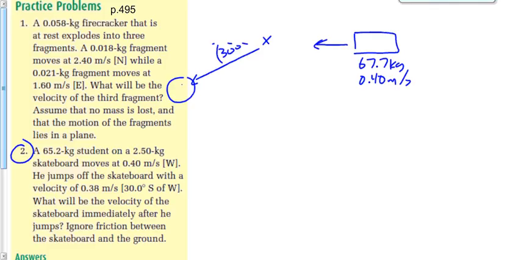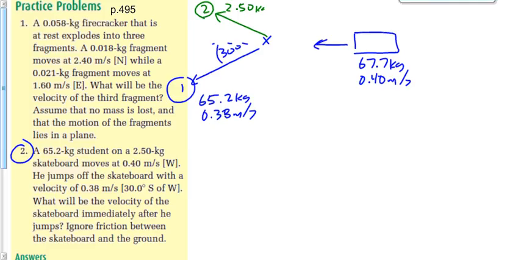We're going to call the guy object number 1, 65.2 kilograms, and 0.38 meters per second. Now the skateboard, I think, is going to go this way with a mass of 2.5 kilograms.